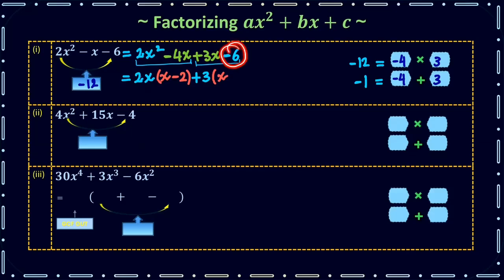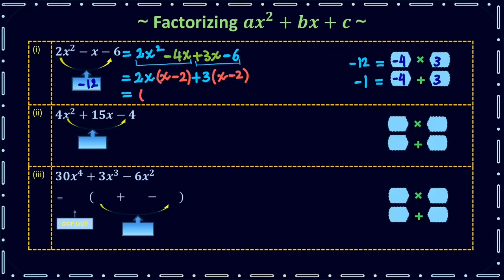Negative 6 divided by 3 leaves you with negative 2. When you look at this expression, you could see that both groups have a common factor of x minus 2. And that is what you're going to factor out in the next step.